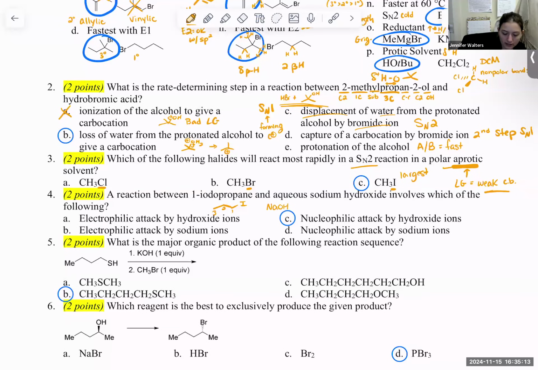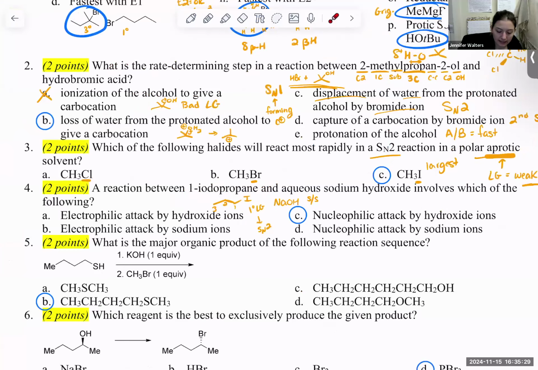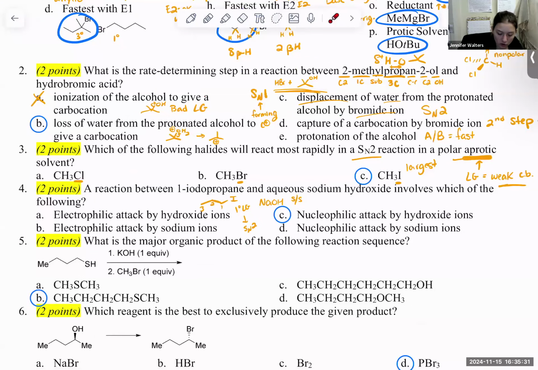So I'm trying to figure out what the reaction is going to be. Well, sodium hydroxide is a strong nucleophile, strong base. I see a primary leaving group. That tells me SN2. So strong was SN2 or E2. Primary was SN2. So I'm looking for nucleophilic attack of that hydroxide ion. So that is the correct answer.